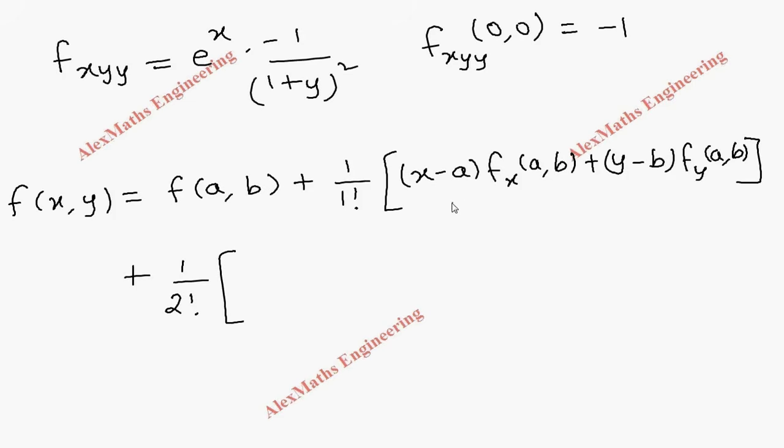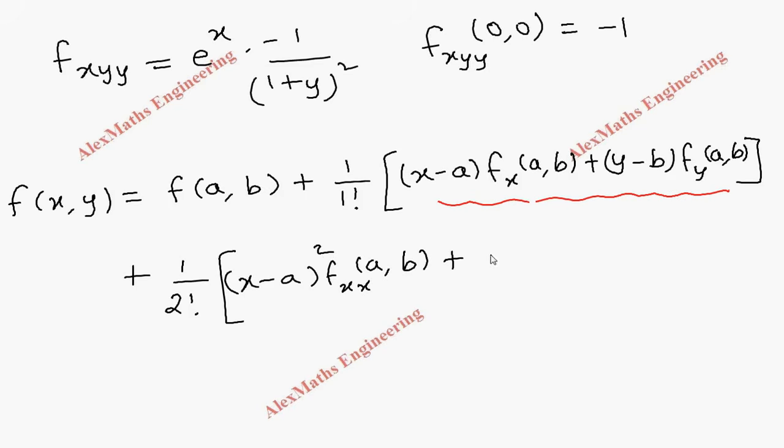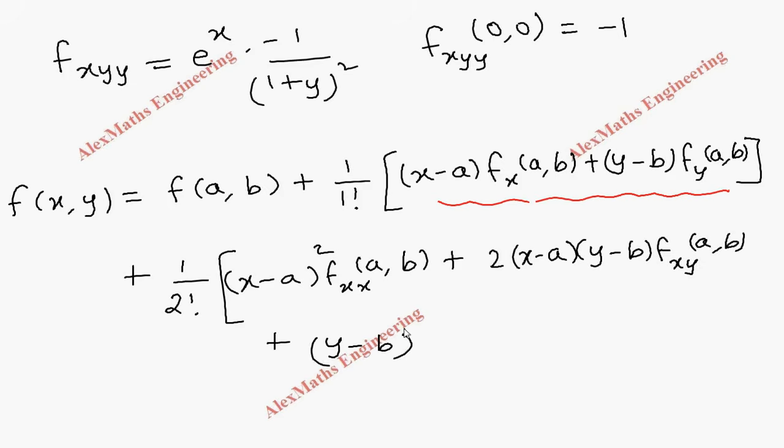After writing this term, using this we can write the other terms. This is of the form a plus b, so now we have to write a plus b whole square. So a square fxx of a comma b plus 2ab, so 2 into x minus a, y minus b, then fxy of a comma b, then the b square term, y minus b whole square into fyy of a comma b.